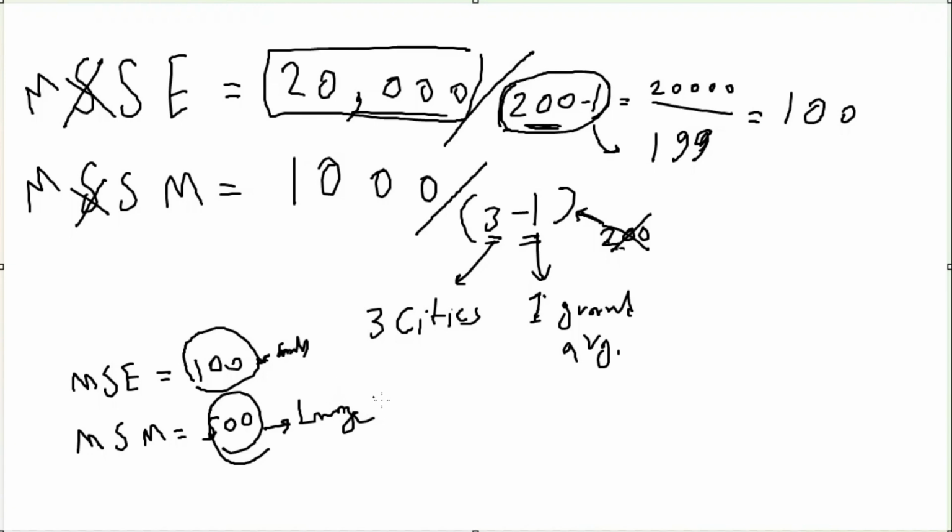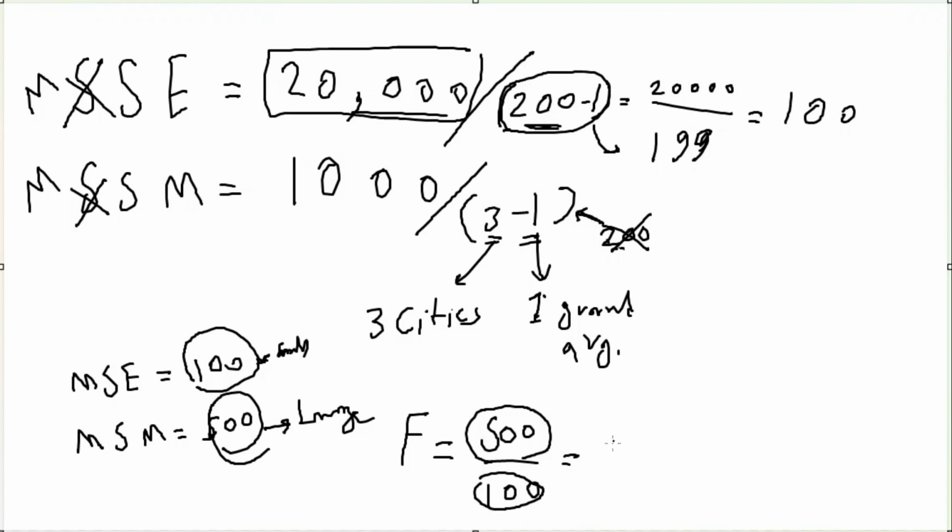Okay, to make a judgment, we make a ratio. We'll call this ratio F, or F ratio, or F, by dividing the 500 over the 100. And of course, just as we said, we want the numerator to be large and the denominator to be small.